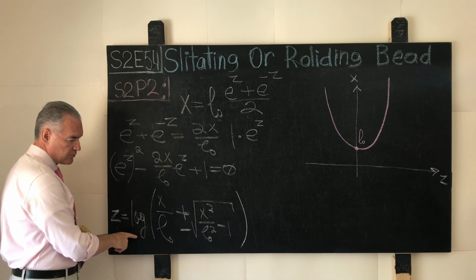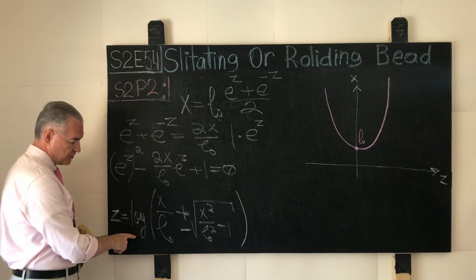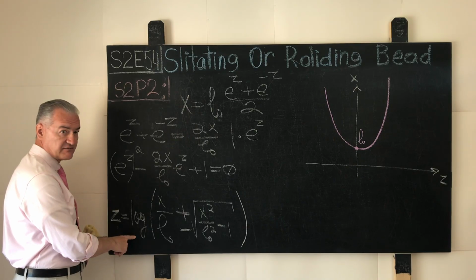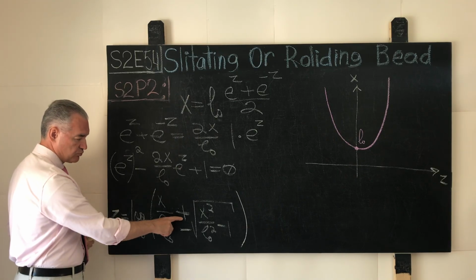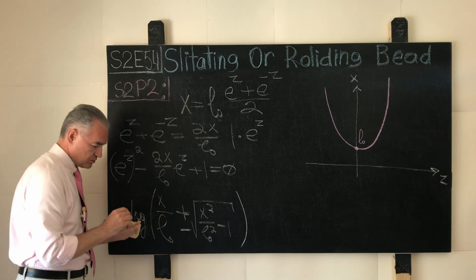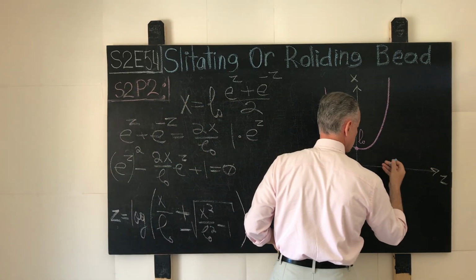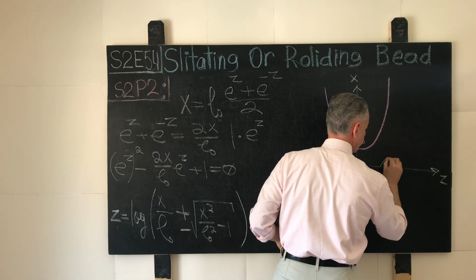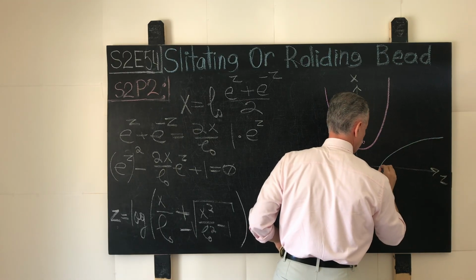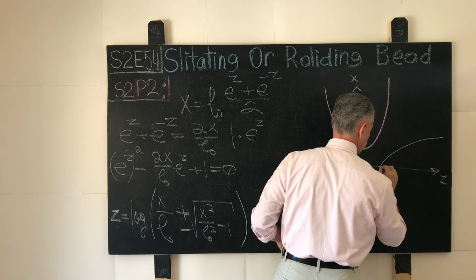It can be represented graphically as a composition of two continuous and single valued branches. One branch that corresponds to the plus will run this way. This again will be L0.